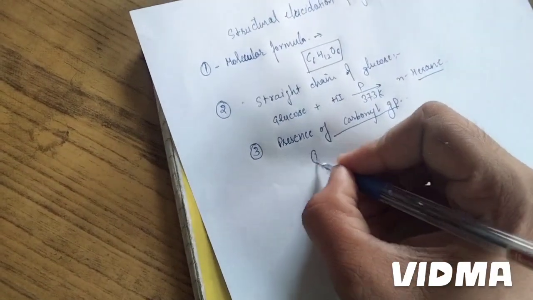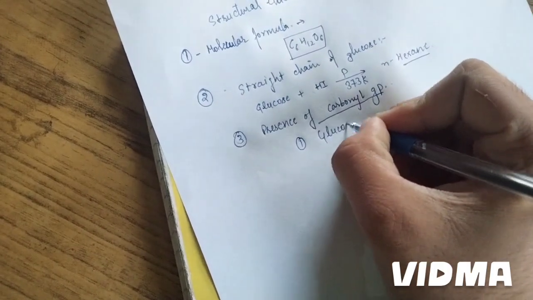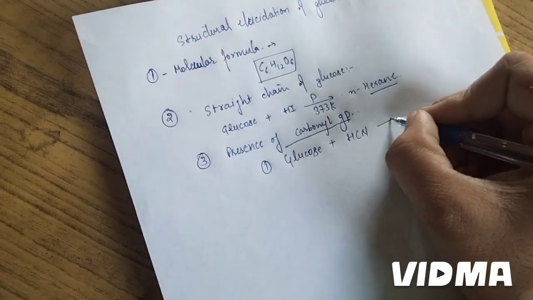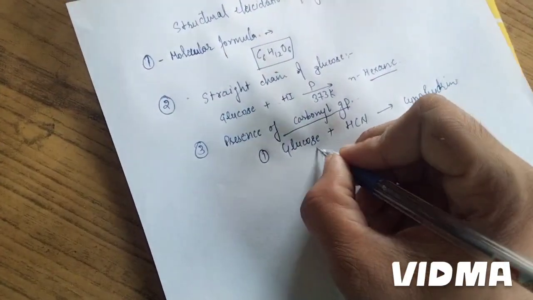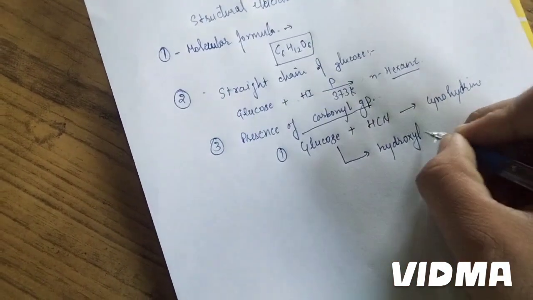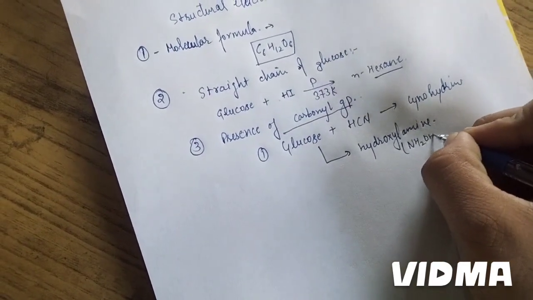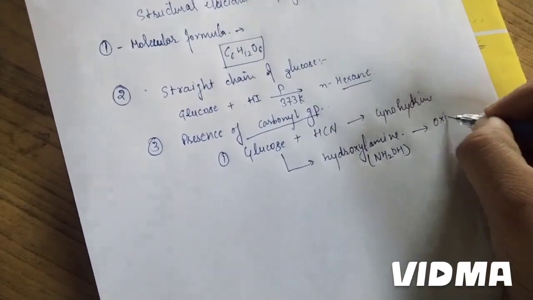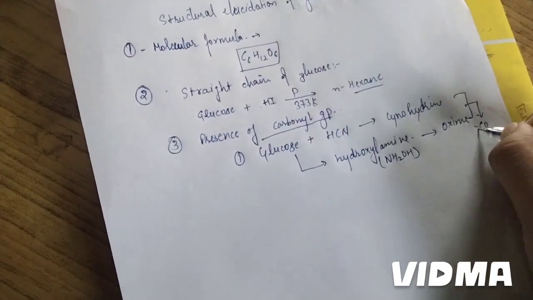So for that, the reaction of glucose with HCN gives cyanohydrin, and reaction with hydroxylamine, or we can say NH2OH, it gives us oxime. These two reactions confirm the presence of the CO group.